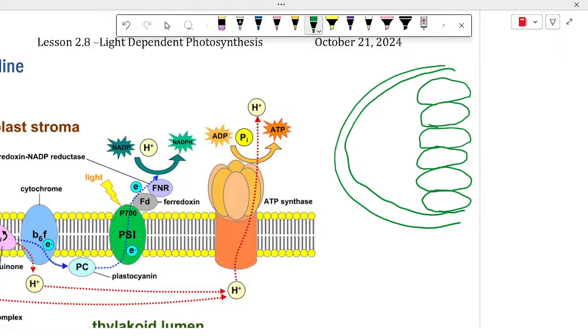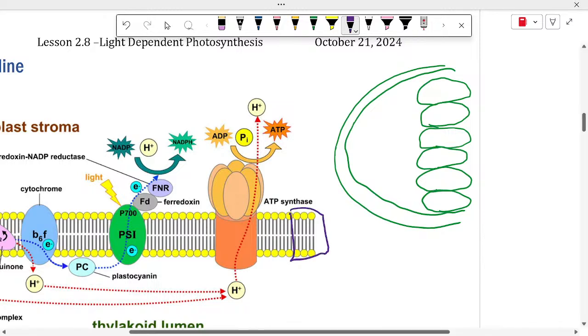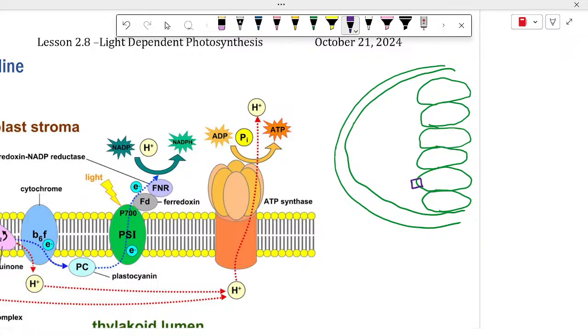So this section of membrane would be, say, there. Does that kind of make sense? I don't like how that looks, so I'm going to redraw it. But that's the idea, that all of this would just be one section of the membrane that separates the thylakoid lumen from the stroma.